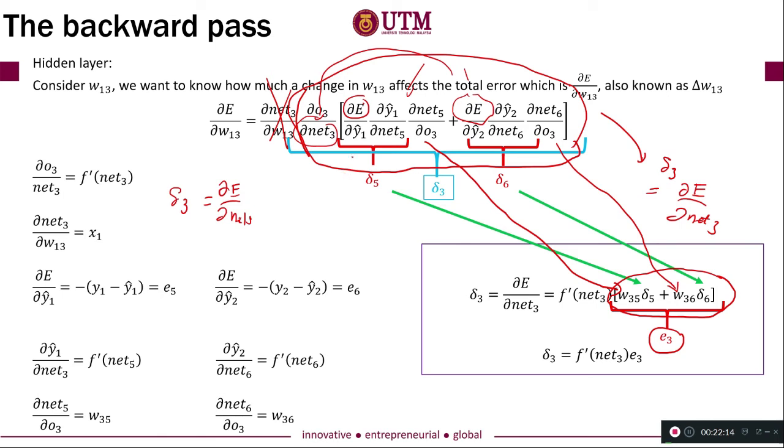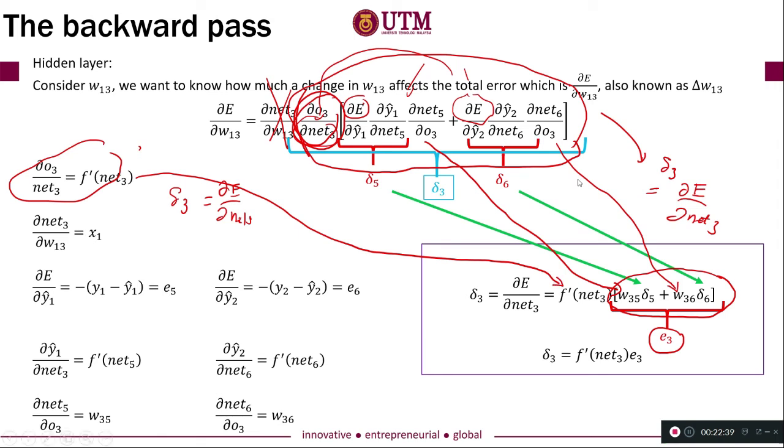Yep, it comes from this component, del O3 over del net 3, which is this one. So that's where the F apostrophe comes from.